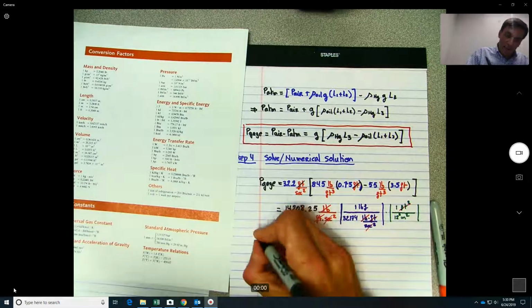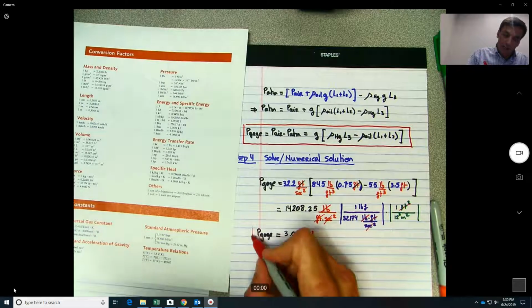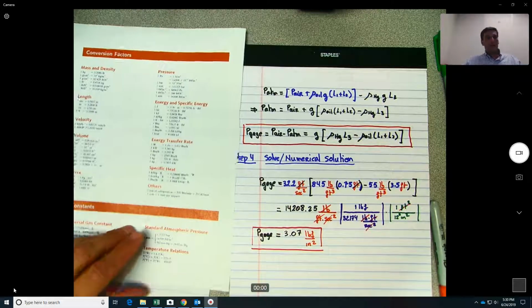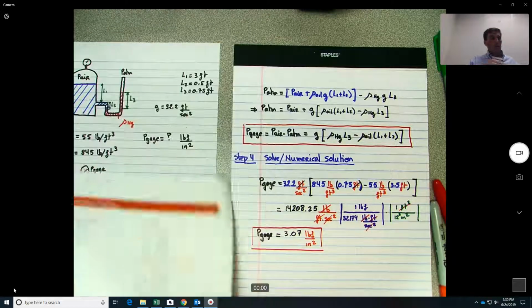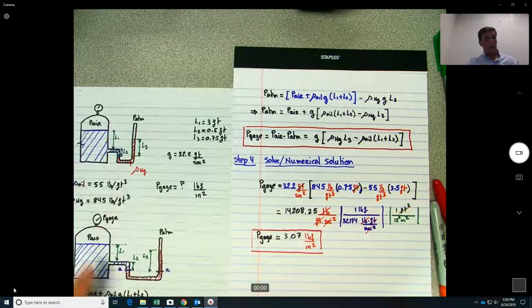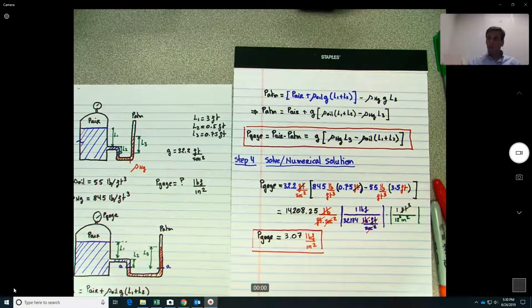So basically at the end, the pressure gauge on top of the tank over here should read 3.07 psi. Okay, so that would be all.